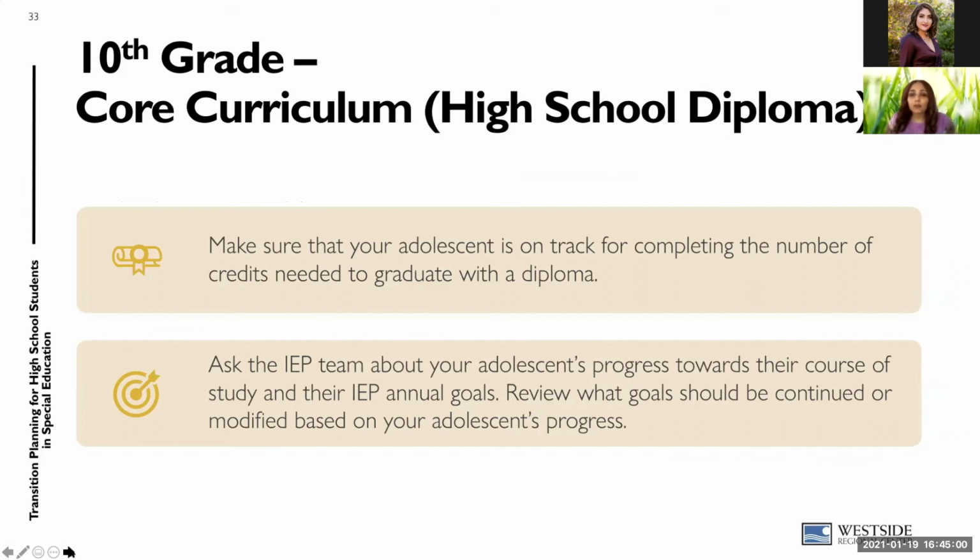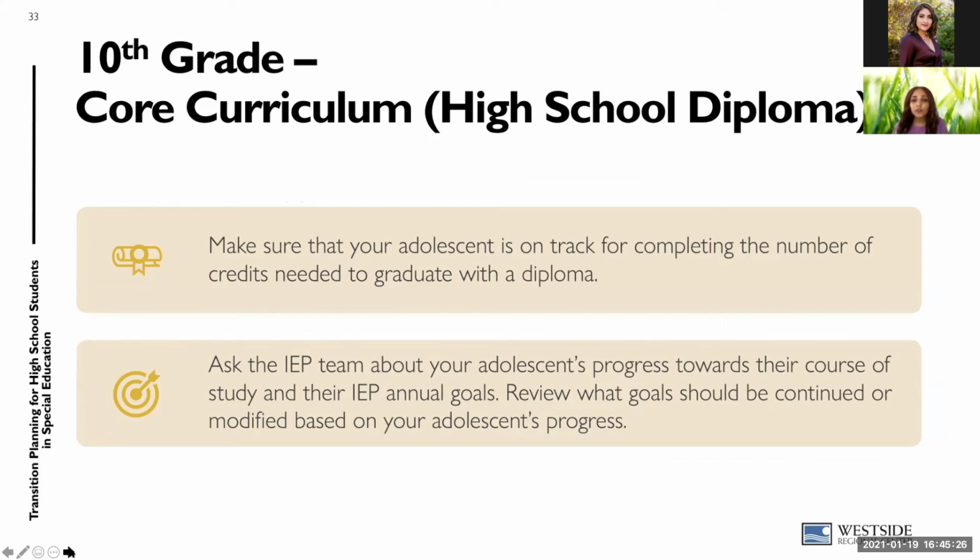There are also fee waivers and things like that to pay for the SAT and ACT examinations depending on the family's income. So those are things that the child and family can talk about with the school counselor. Making sure that our student is on track is very important.